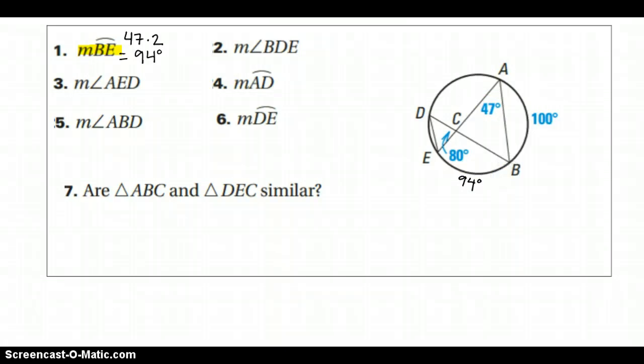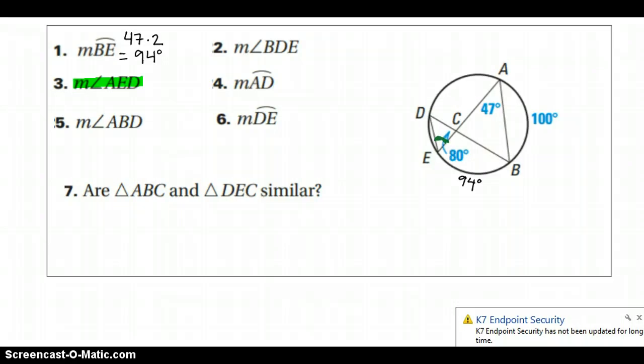Okay, so now, next thing I'm trying to find is the measure of angle AED. So I'm trying to find this angle right here, AED. How am I going to find this angle?